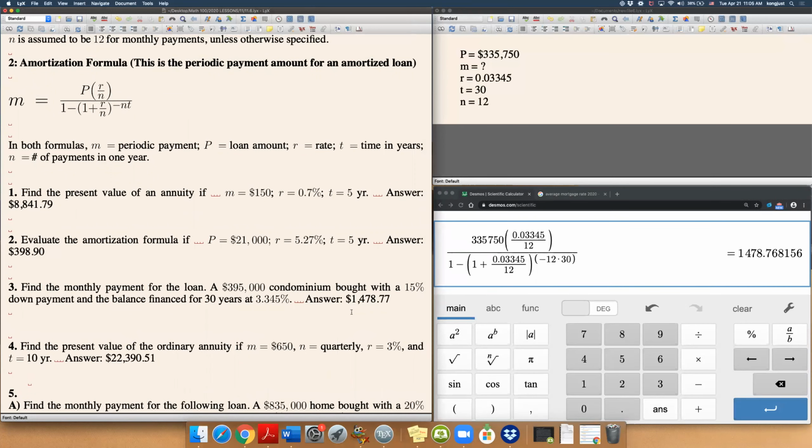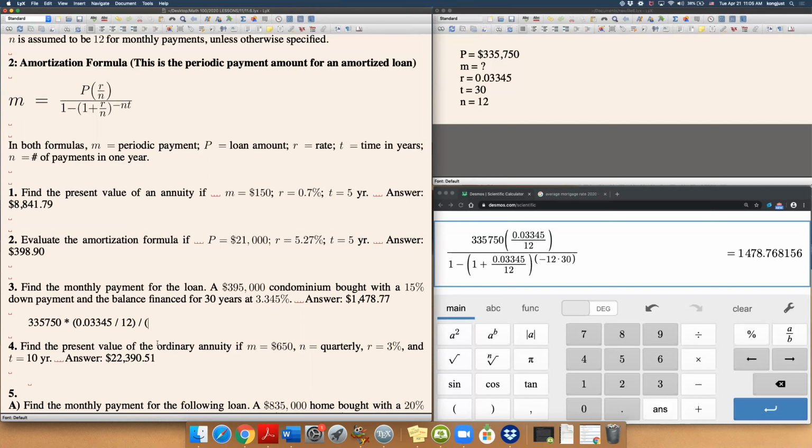Now, if you're plugging this into a regular standard phone calculator or a handheld scientific calculator, this is what you want to type in: 335,750 times parentheses 0.03345 divided by 12, close the parentheses, and then divide. You notice I didn't put my numerator in parentheses. I didn't need to because order of operations is going to be correct anyway. But for the denominator, you definitely need it because you've got this minus there.